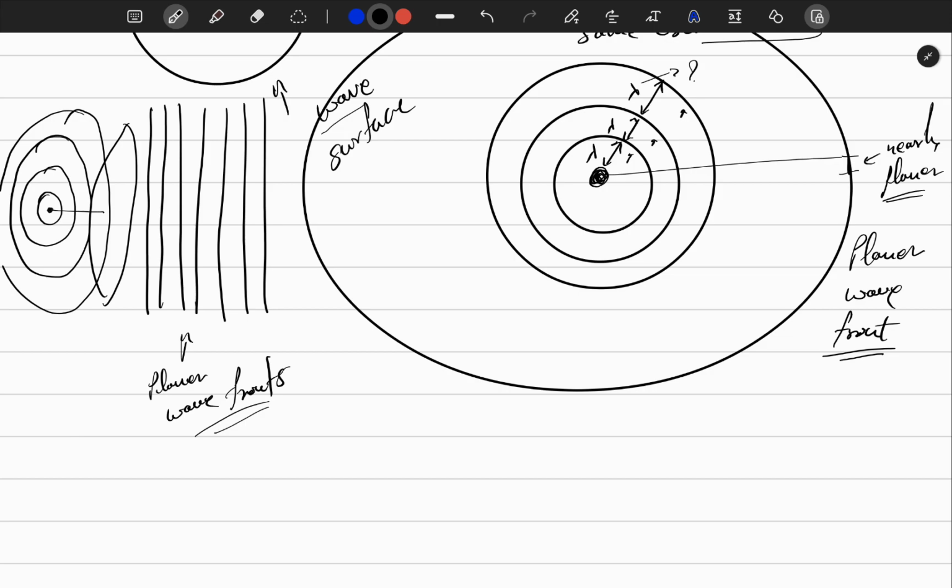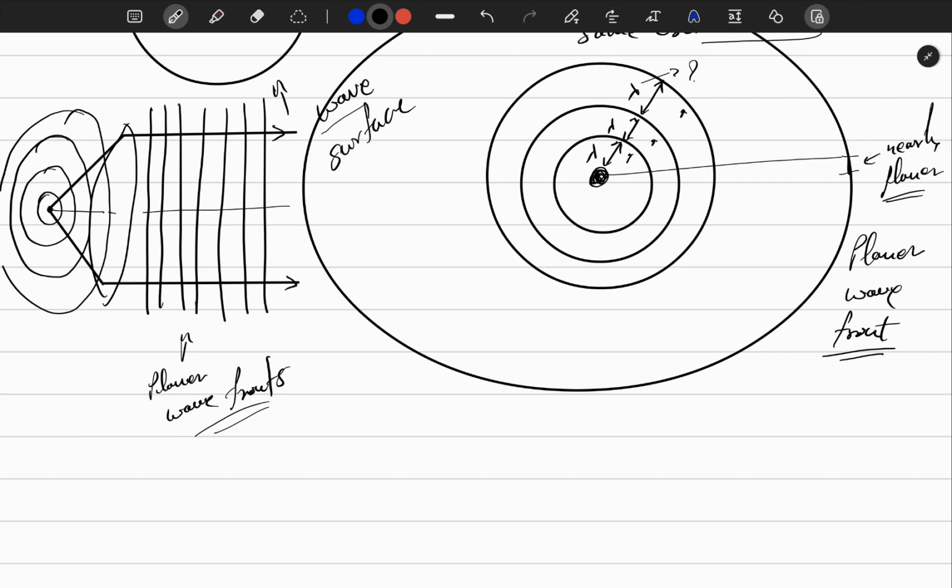Because what does a convex lens do? If we consider a ray diagram, any ray that is coming from the focal length position will travel parallel to the principal axis.